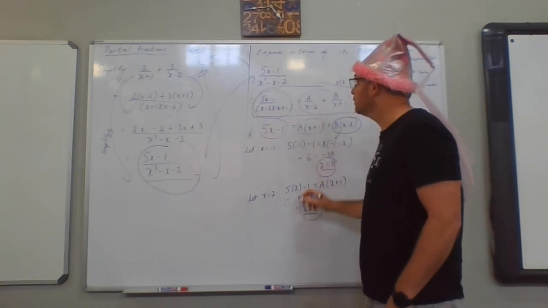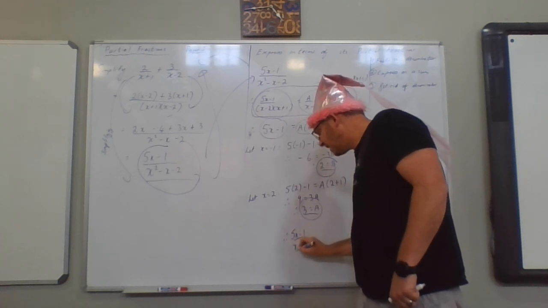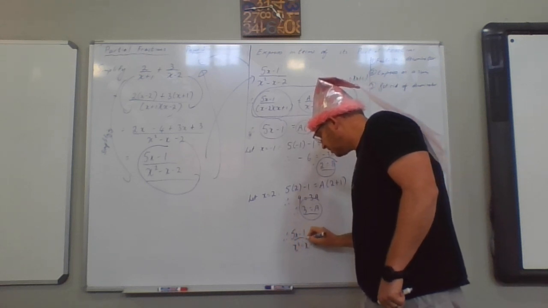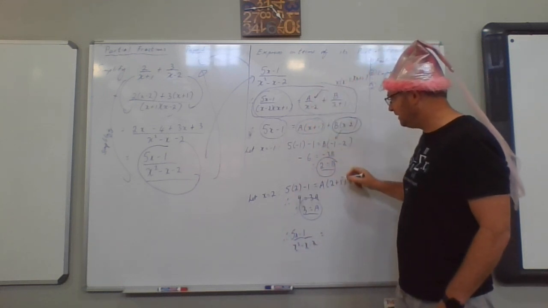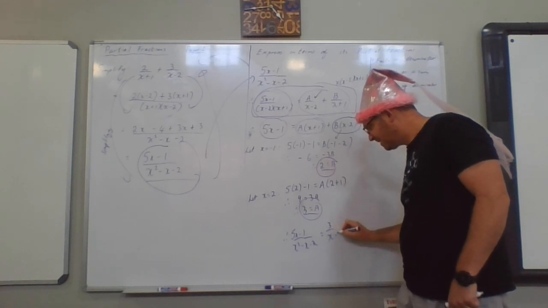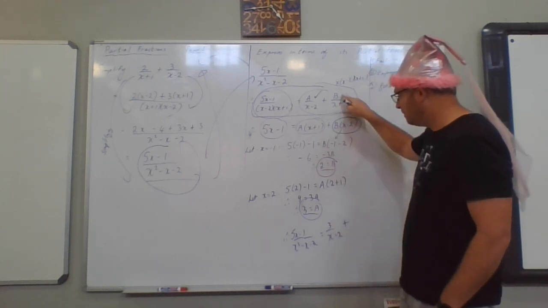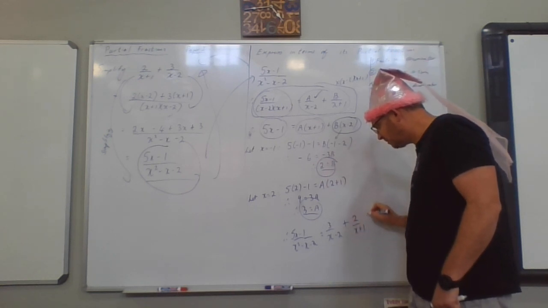Okay, so in other words, what we've shown is that 5x minus 1 over x squared minus x minus 2 is equal to, well, a we know is 3, so it'll be 3 over x minus 2, plus b we know is 2, so plus 2 over x plus 1.